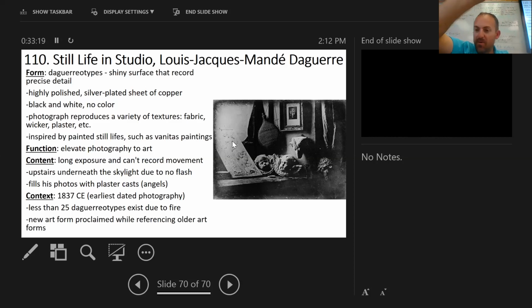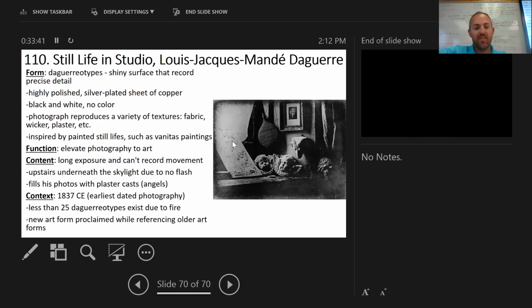So there's a little bit of tenebrism here, even though he's not creating this on purpose, but he's capturing this moment. That light is allowing us to see what this studio looks like. So like you said, he fills the photo with a lot of plaster casts of angels' heads, as you can see, which is kind of creepy. But a lot of plaster casts all around, right?